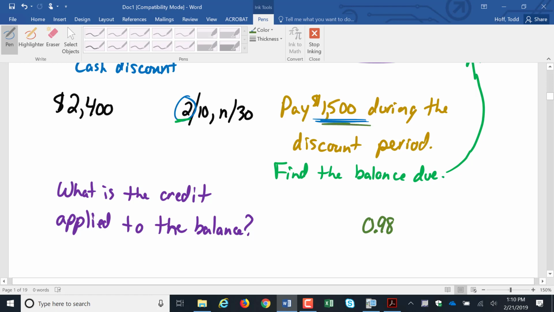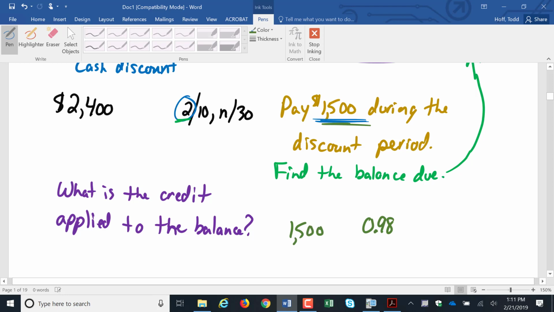Now before, what we did was we took the amount of the credit, and we calculated the amount that needed to be paid. Now we're going backwards. We're going to be paying $1,500, and we want to figure out what is the amount credited. So when we had the credit, we multiplied by that complement of the discount. When we have the payment, we're going to divide by it.